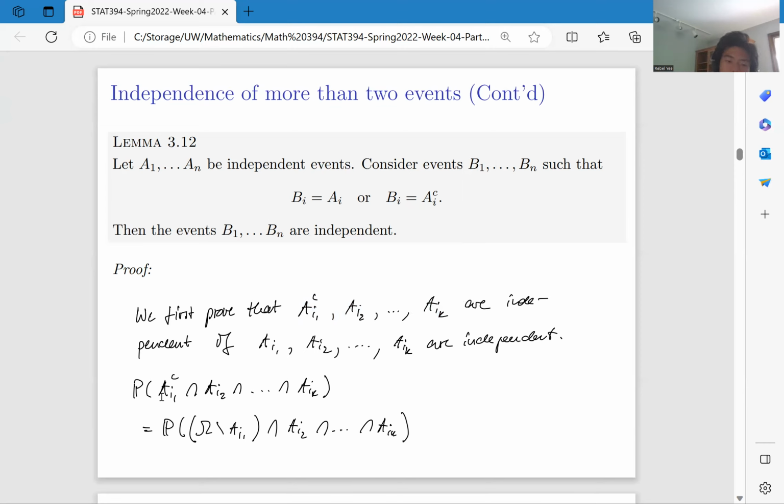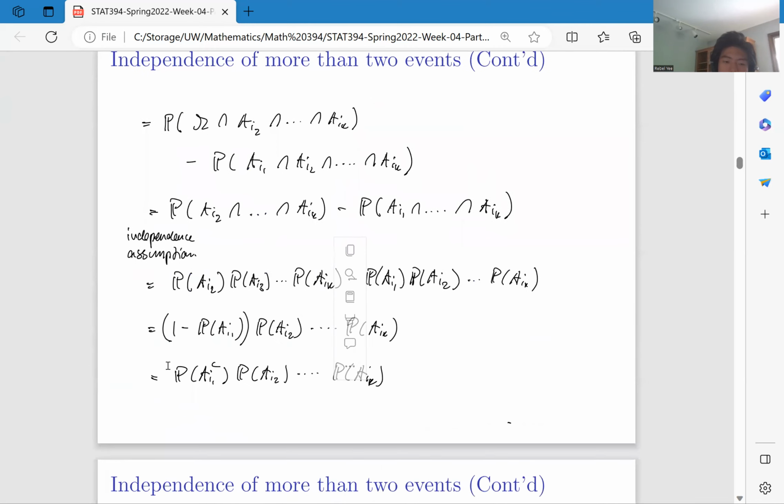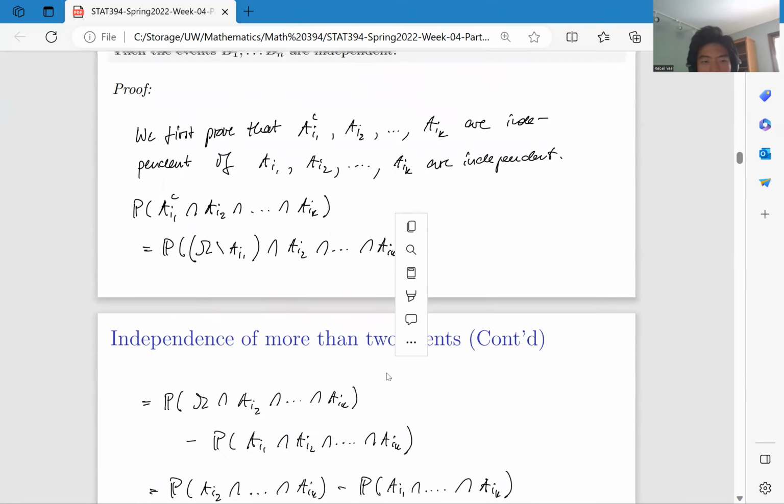What we want to prove is that the probability of A1 complement intersection with A2, A3 to Ak is equal to the multiplication of those probabilities one by one. So this is what we want to prove.